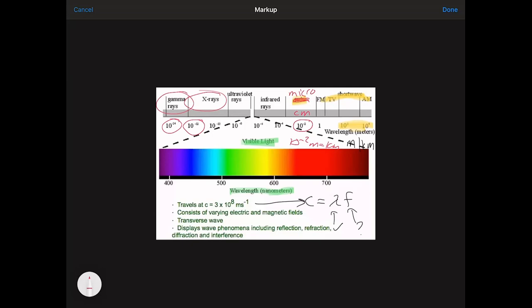Gamma rays would be gamma radiation, high energy, very, very small wavelengths. You can go back to IGCSE and remember that these things traveled very short distances before they basically diffused into nothing. So very, very small.